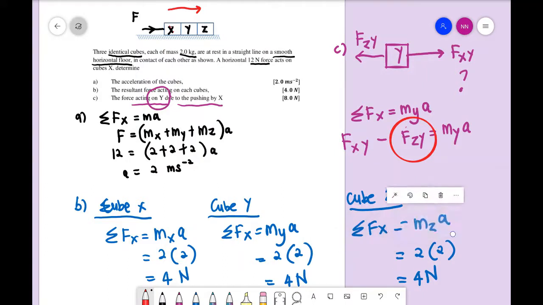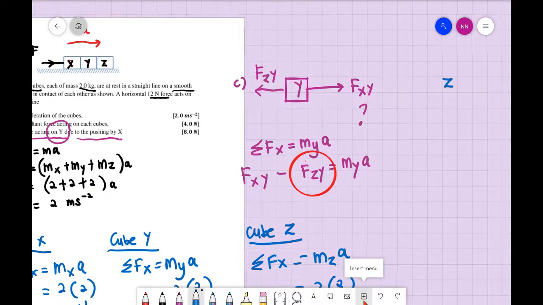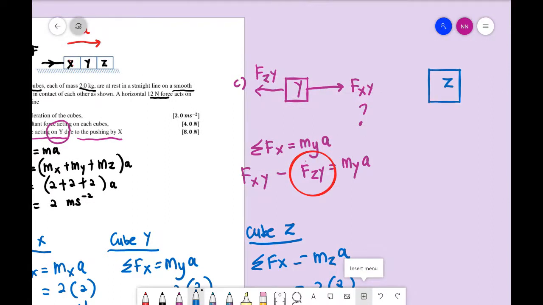So we can determine it by considering cube Z. On the left side of cube Z is cube Y, so cube Y pushes cube Z. This is the force on Z by Y. We can apply net force equals ma. The single force here is the force on Z by Y, so it equals mass Z, which is 2, times acceleration 2, so 4 Newton.